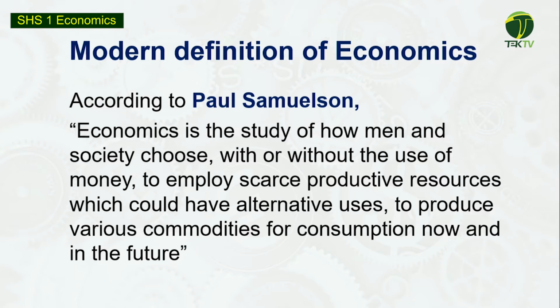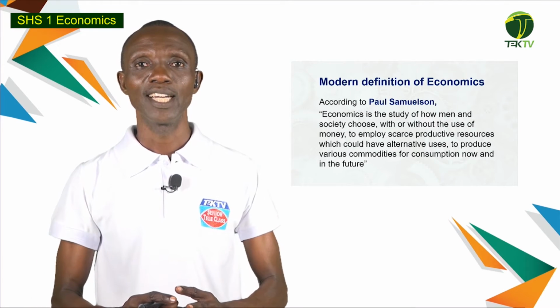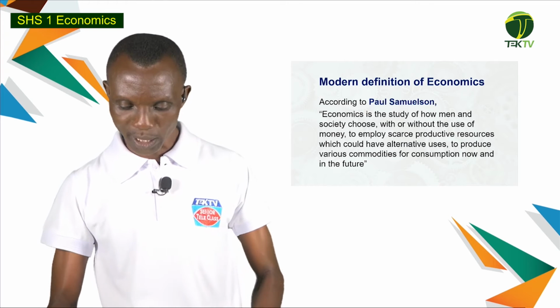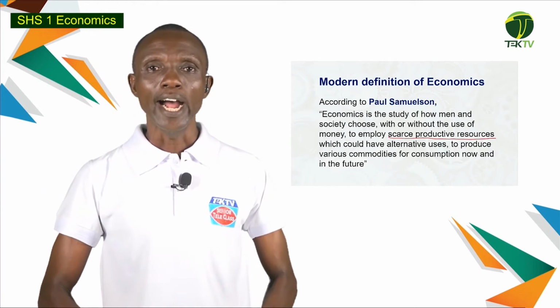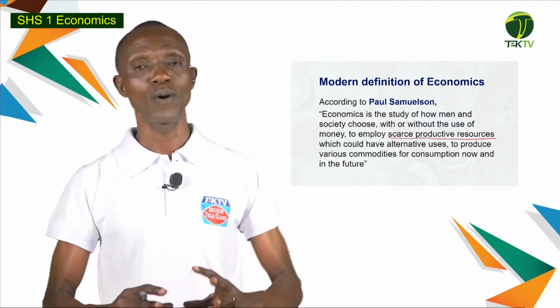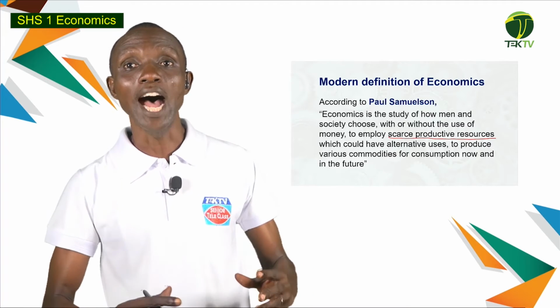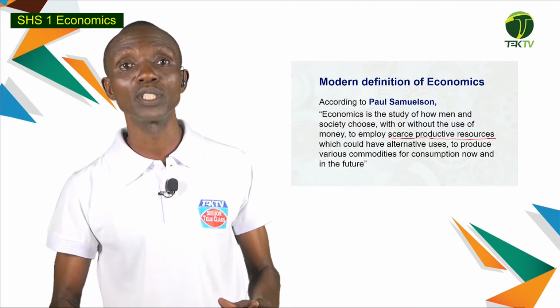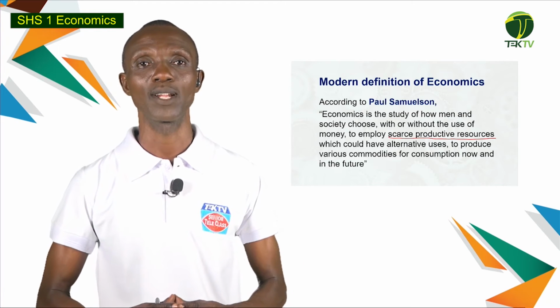So when you look at the entirety of Paul Samuelson's definition, he is talking about how society uses scarce productive resources, he emphasizes, which have alternative uses to produce goods. For what purpose? For consumption, now or in the future. To him, economics is also about that.